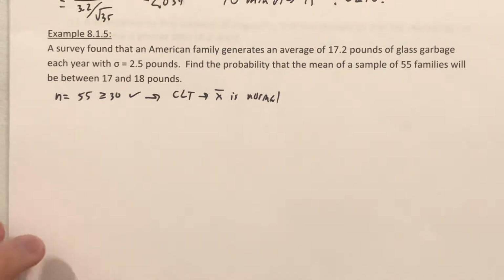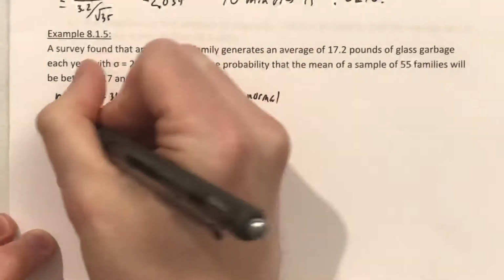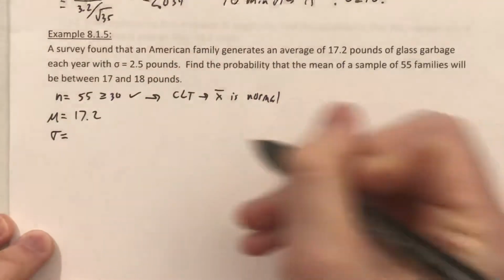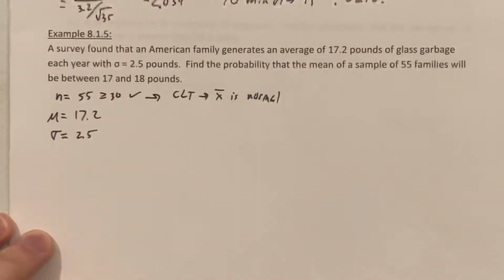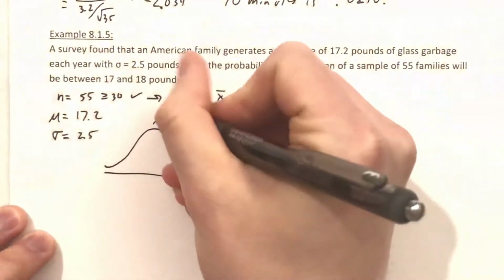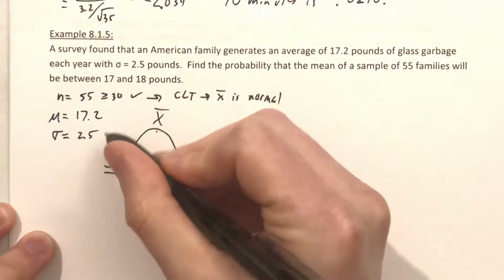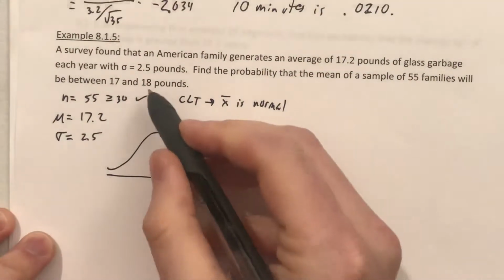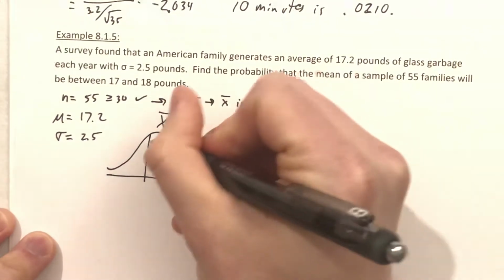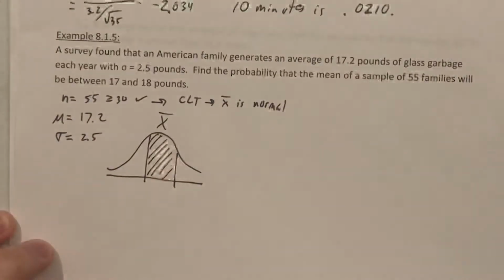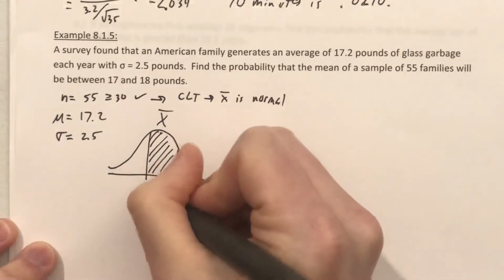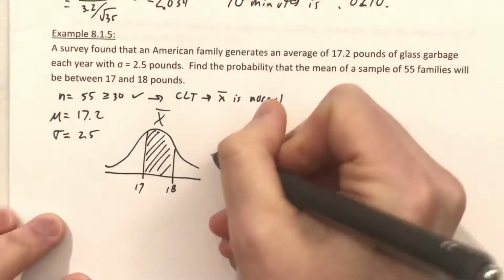That's good. Throwing the other information we have here, the population mean is known to be 17.2 and standard deviation of 2.5. So now we go to create what we know to be a normal distribution for X bar. Now if the mean, the center, is 17.2, 17 to 18 would mean we've got 17 somewhere to its left, 18 somewhere to its right. And we're looking for the area between the two, from 17 to 18.